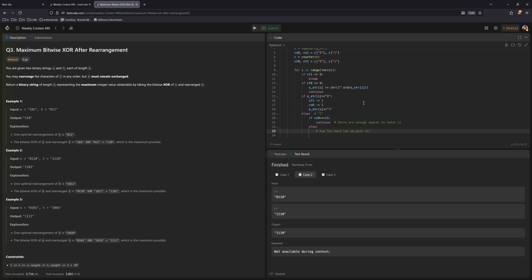I think this is it. No, it's not it. We've already established that CT of 0 is non-zero, which means we can push it. Then what's the difference between the two? There's no choice. Maybe this is the logic, not this. There are enough spaces to leave it.